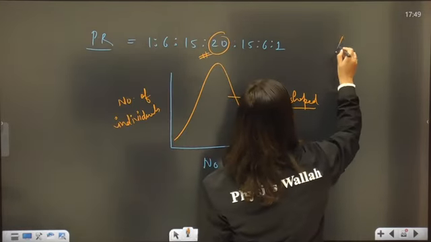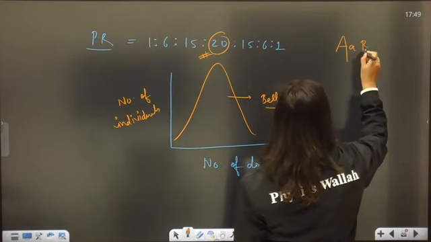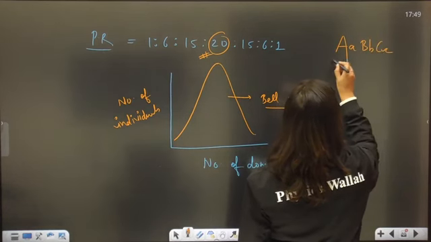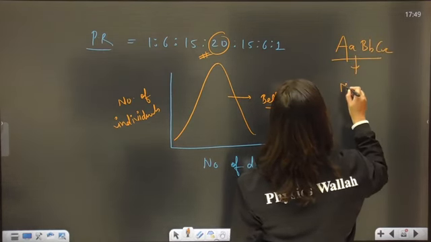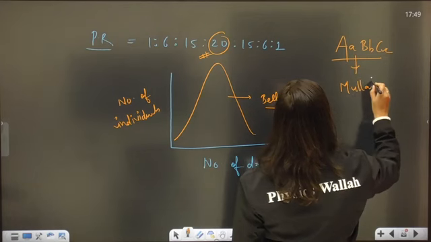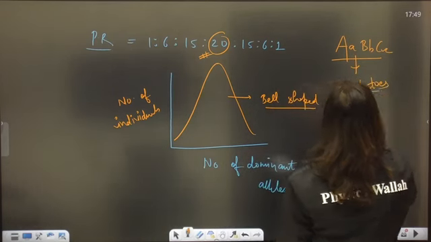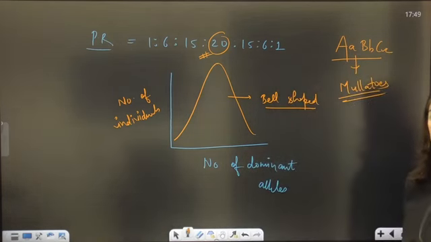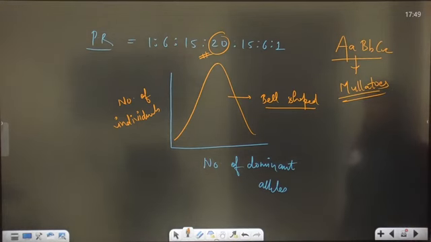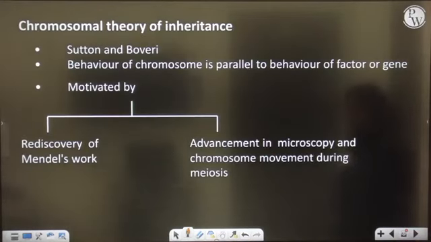And these intermediate individuals with 3 dominant alleles are called the mulattoes. Okay, so this is polygenic inheritance.